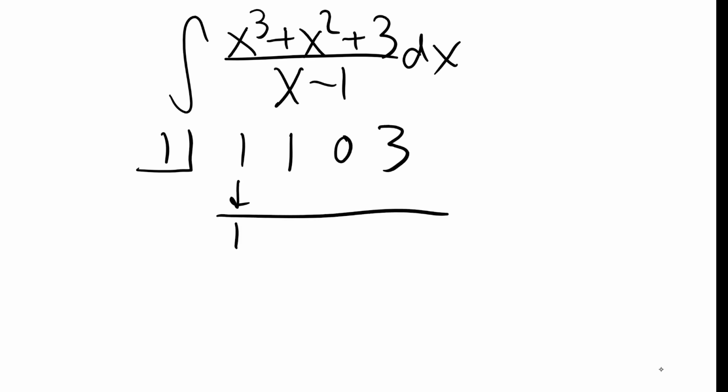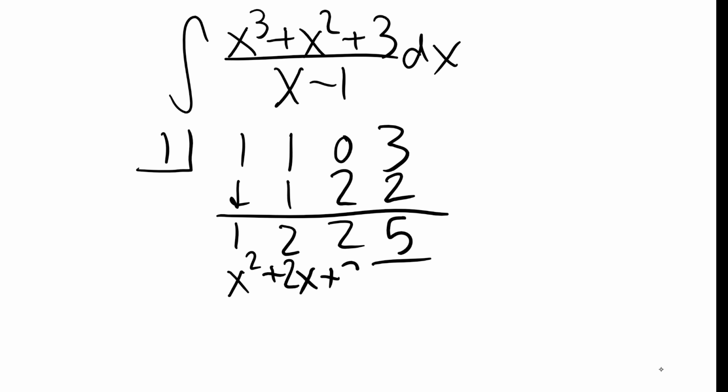We drop down a number, we multiply, we drop down, add. We multiply, we add, we multiply. This is a very boring one, and add. And we get a remainder, which usually sucks, but it does not suck here, because having a remainder just is a natural log integral.